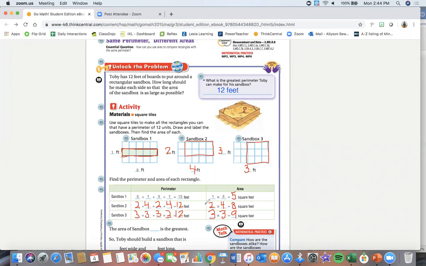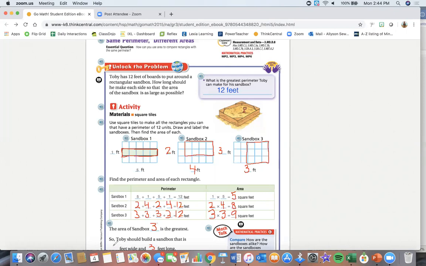Now I look at my different sandboxes. I see that sandbox 1 has an area of 5 square feet. Sandbox 2 has an area of 8 square feet. And sandbox 3 has an area of 9 square feet. So we know that the area of sandbox 3 is the greatest. So Toby should build a sandbox that is 3 feet wide.